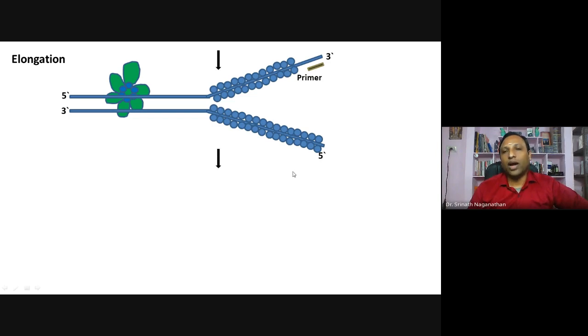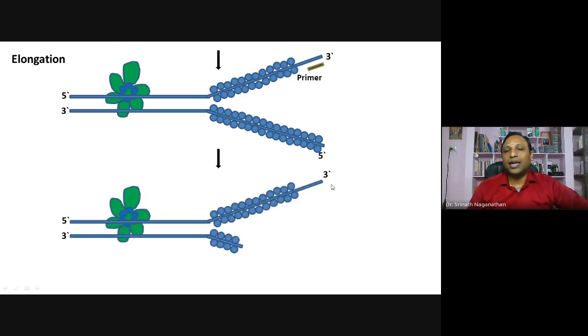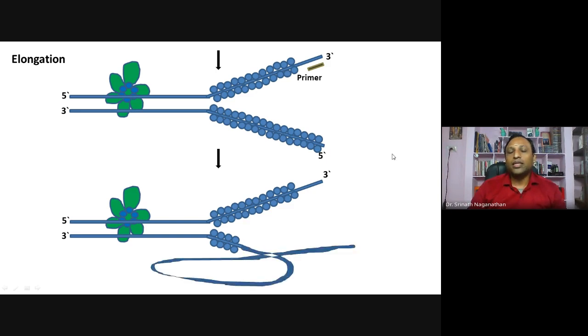So in the process of elongation, we can see here already the primer is ready. And now this is our leading strand. The other strand is our lagging strand. To make the lagging strand and undergo elongation, on the other strand the single stranded binding protein gets removed, and they form the replication loop here.